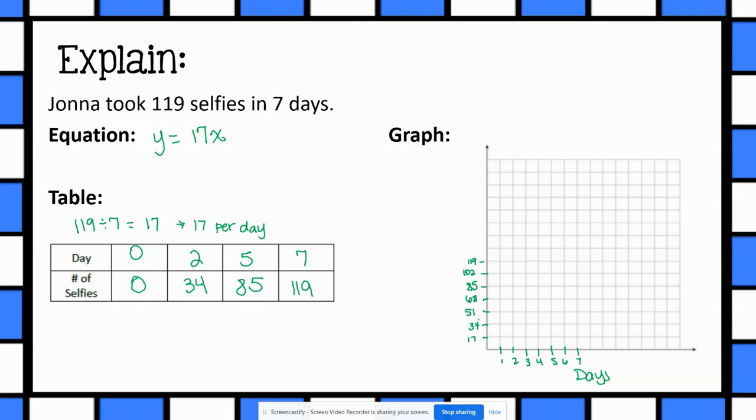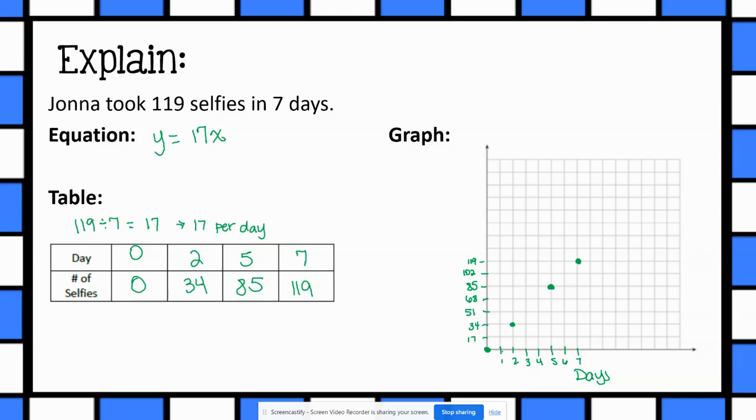Well, after 0 days, we know she had not taken any selfies, so we're going to have a point right here. In 2 days, she took 34 selfies. In 5 days, she took 85 selfies. And in 7 days, she took 119 selfies.